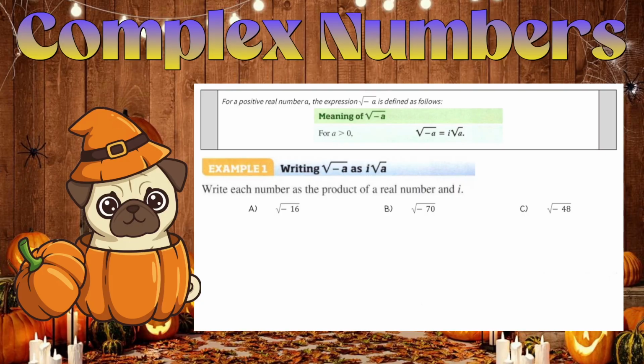So essentially, we cannot take a square root of a negative number. Why, you may ask? The reason we cannot take the square root of a negative number is because when you take a square root, you are finding what number times itself created that product. No number multiplied by itself will ever give you a negative answer, right?